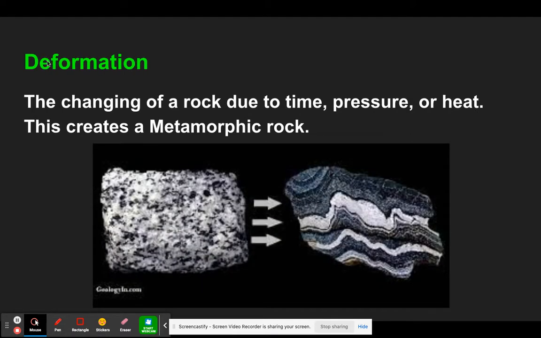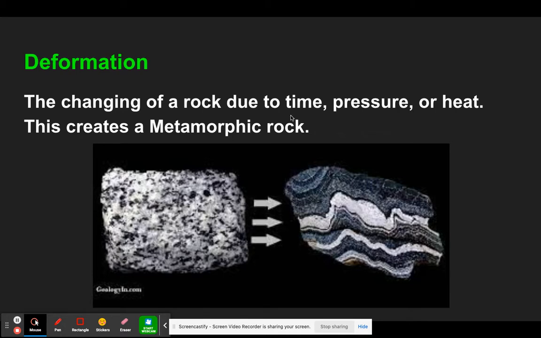Okay, so the last word I'm going to introduce to you is deformation, however you want to say it. So as something deforms, that means it is changing its form, right? It's changing the way it looks, and this is really what happens during metamorphosis.